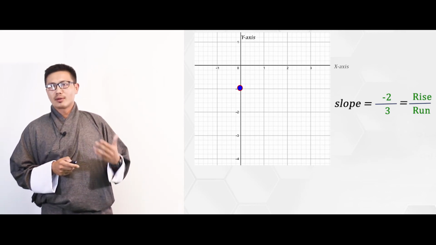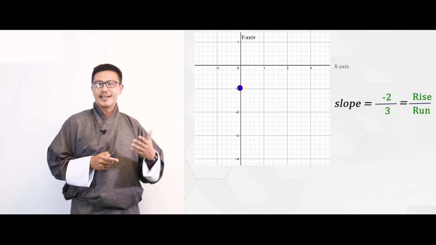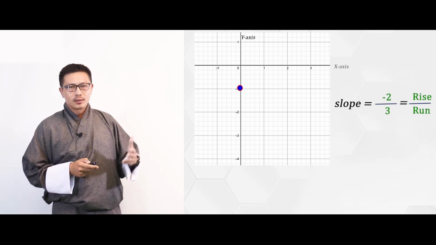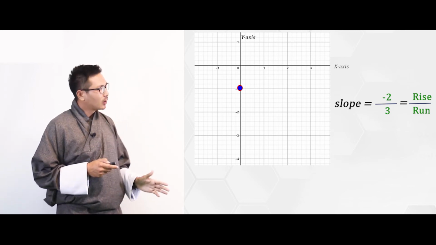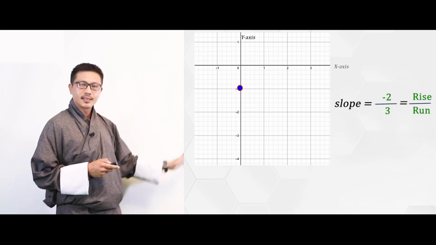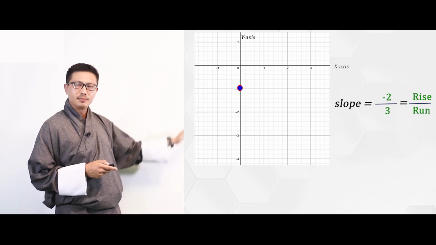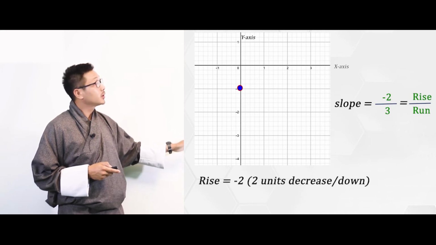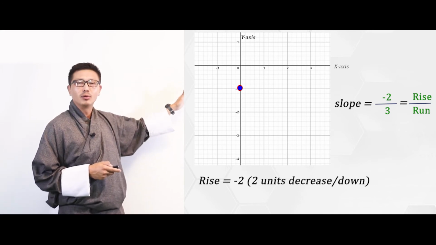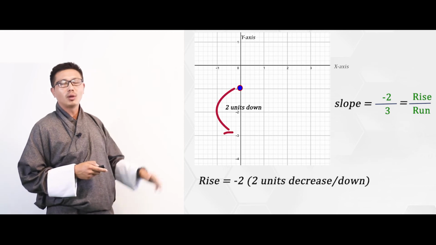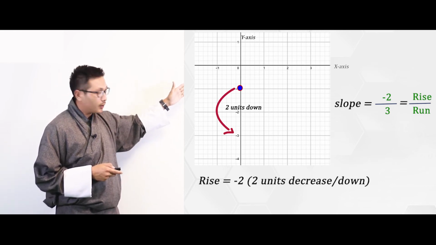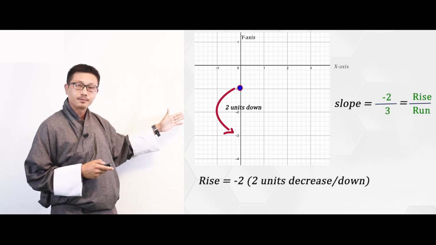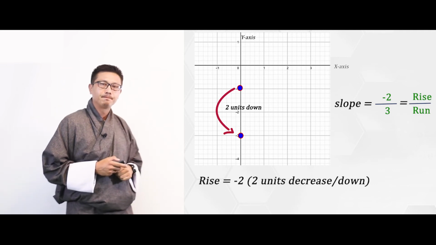When we say the rise is -2, it is a negative rise. And while we consider the rise, we are thinking of the y-axis. So a -2 rise means, are we going up or are we going down? Because the value is negative, we are going down. So from our y-intercept point, we are going 2 units down. And then we reach here.